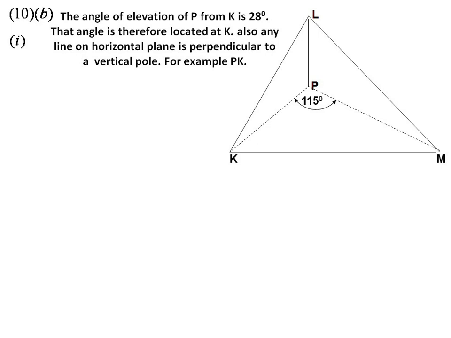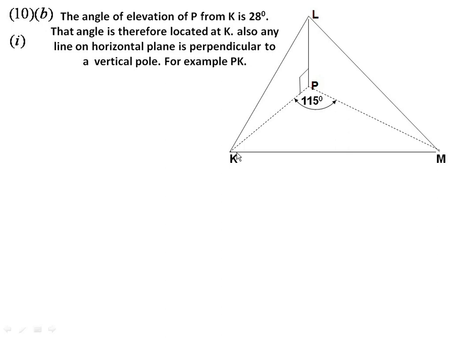It must be perpendicular to that pole, PL, or we may call it LP. So that should be a right angle, as it is required of us in the statement of the problem to include one right angle in the diagram. At least one of them, because we have more than one. We have another one over here.